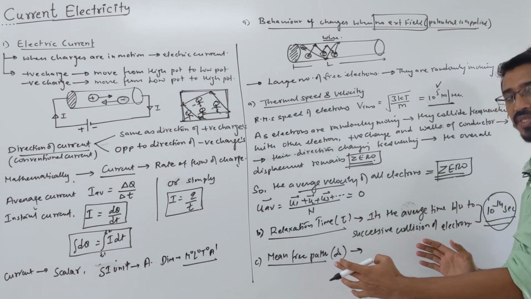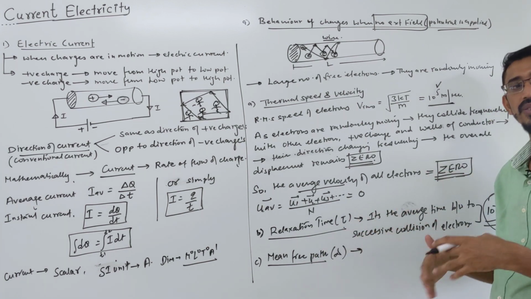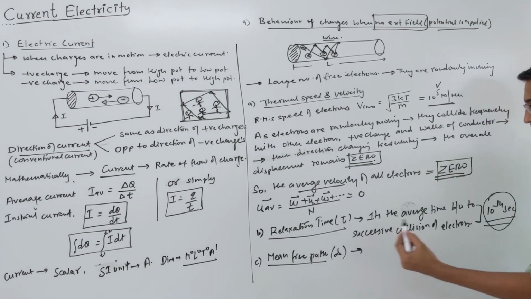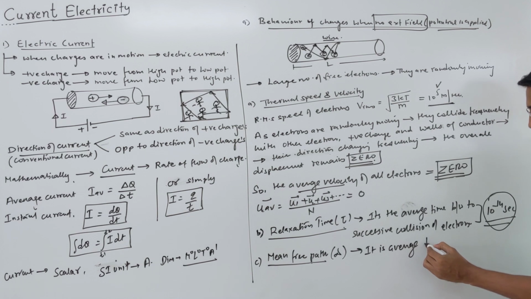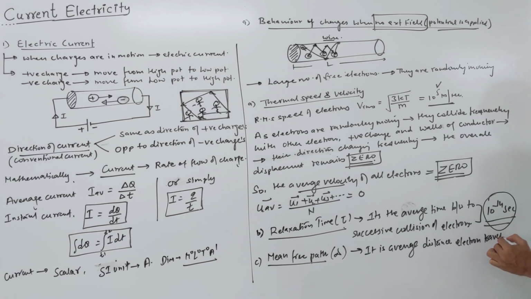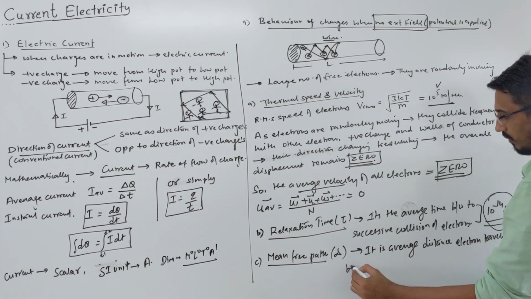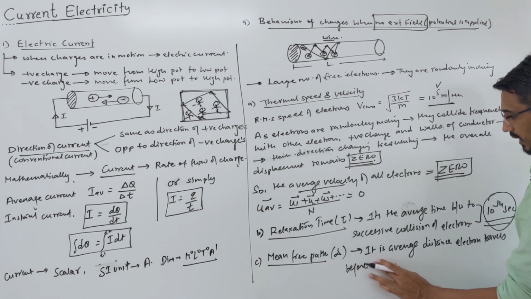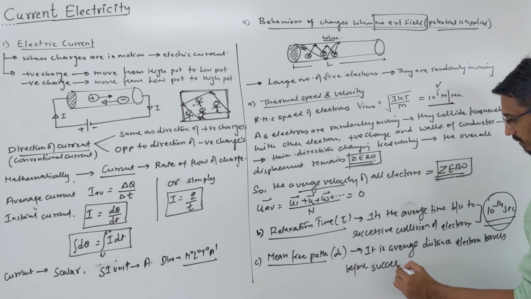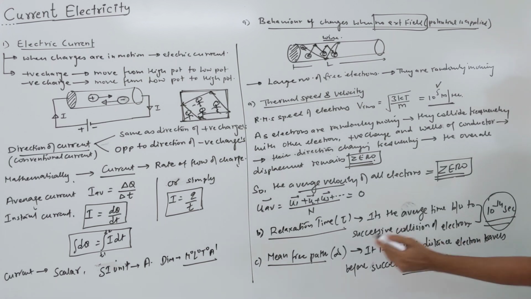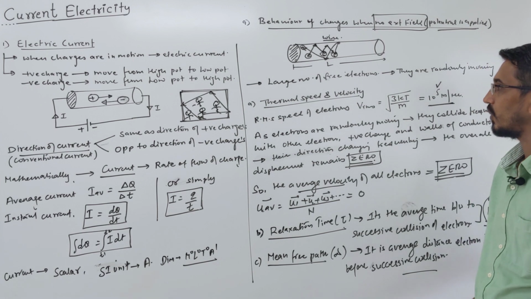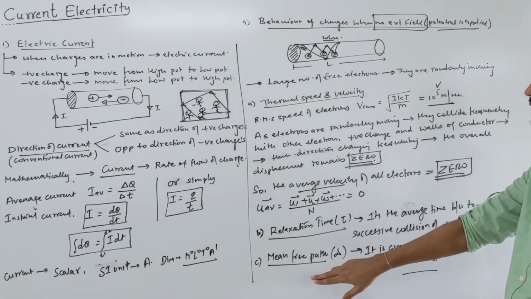In the same way, the average distance an electron travels before two successive collisions, that's called your mean free path. Okay, three terms are there, small terms, a little useful later.